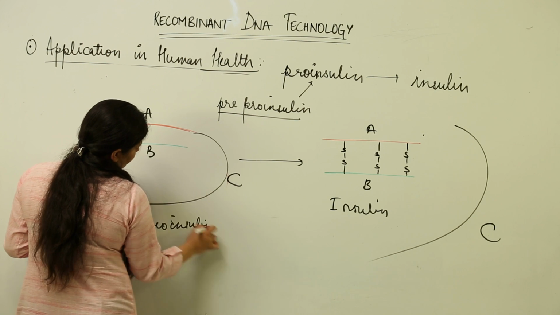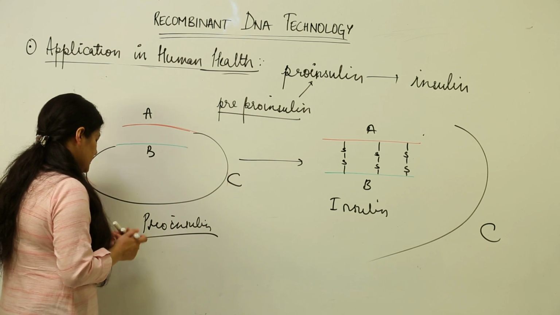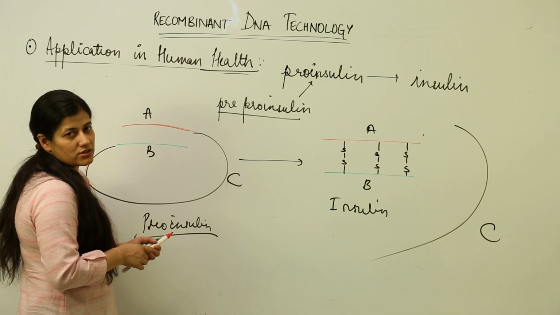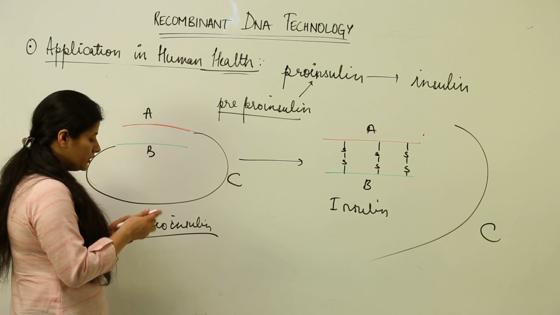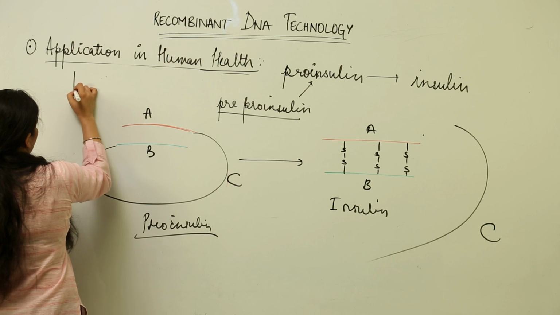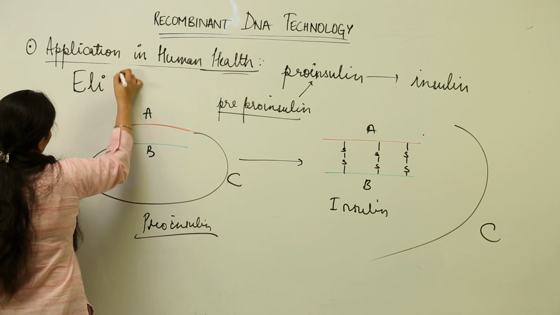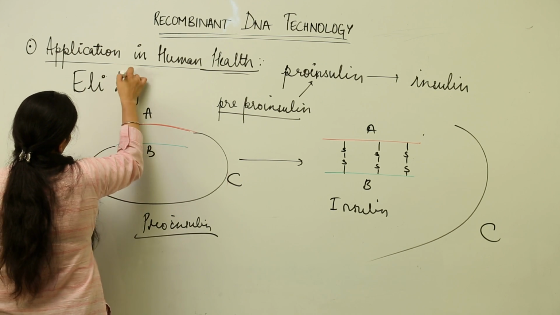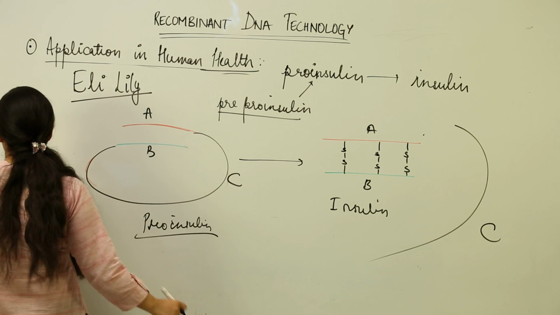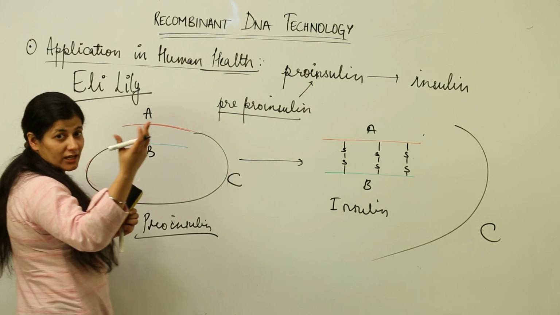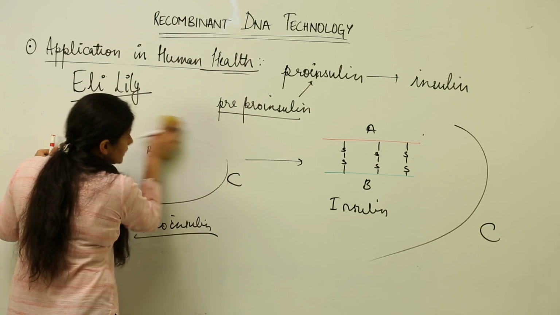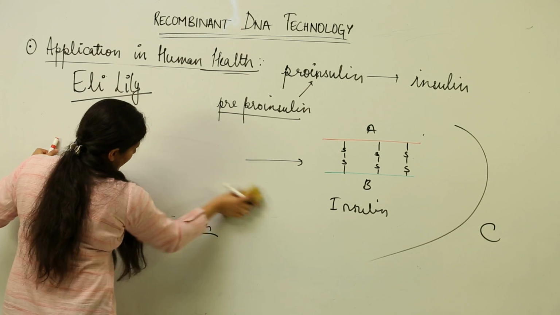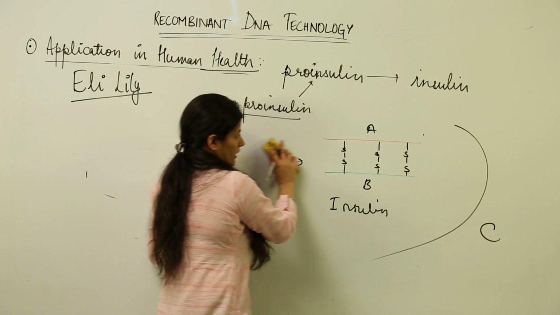Now, what is to be done in recombinant technology is that this insulin has to be synthesized inside E. coli. A company known as Eli Lilly in USA has the feather in its cap for first of all making commercial insulin, where they used E. coli.